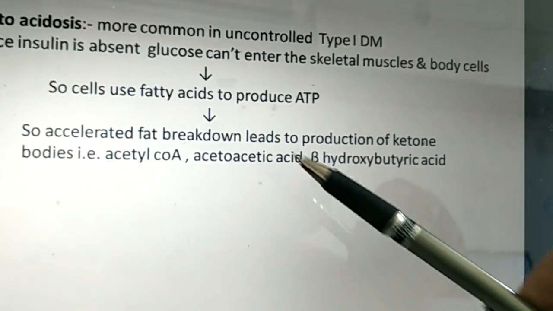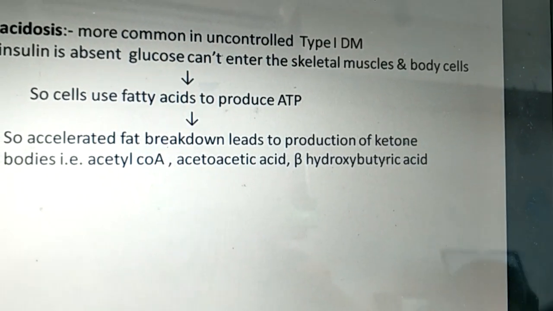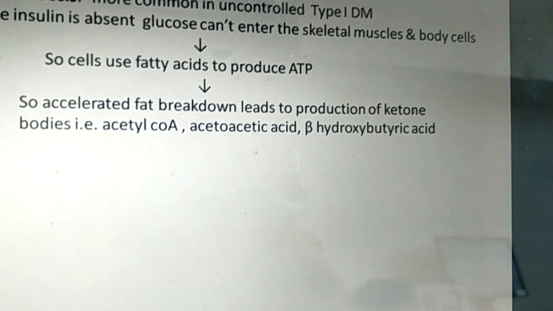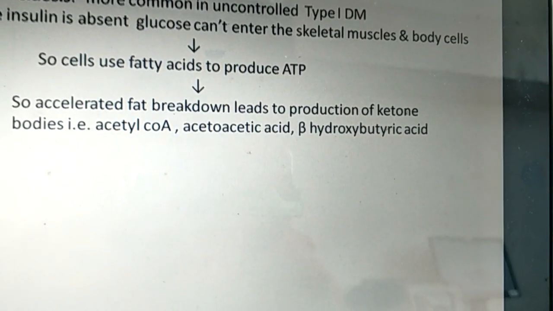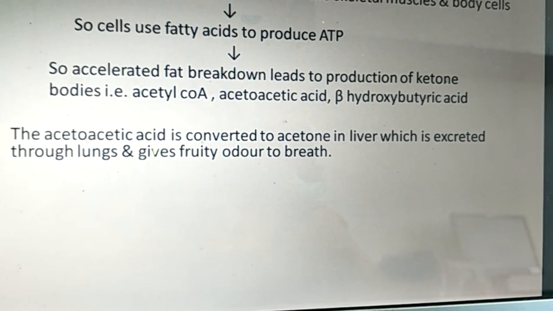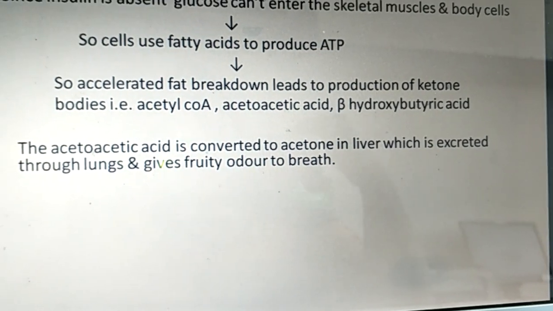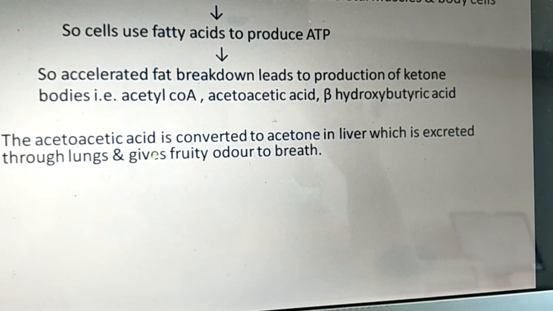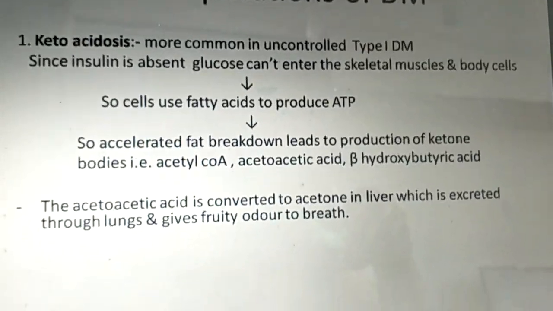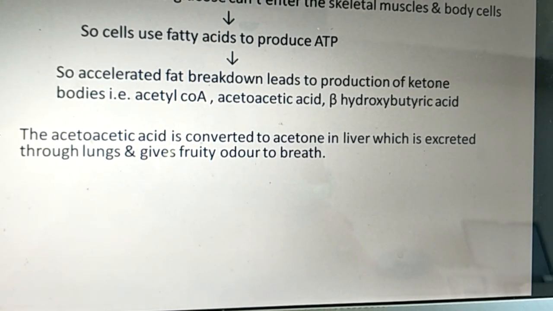Now, when cells are using excess fatty acids, there is excess production of these acidic ketone bodies. This causes metabolic acidosis known as ketoacidosis. The acetoacetic acid gets converted to acetone, and this is exhaled through the lungs. Hence, in a patient with ketoacidosis, there is a fruity odor in the breath, the fruity odor of acetone.